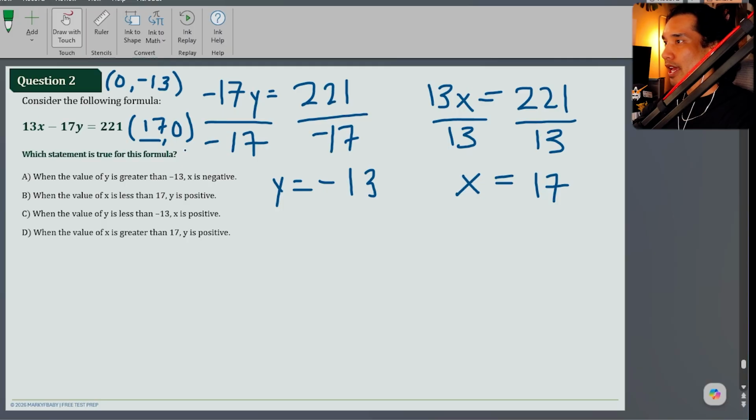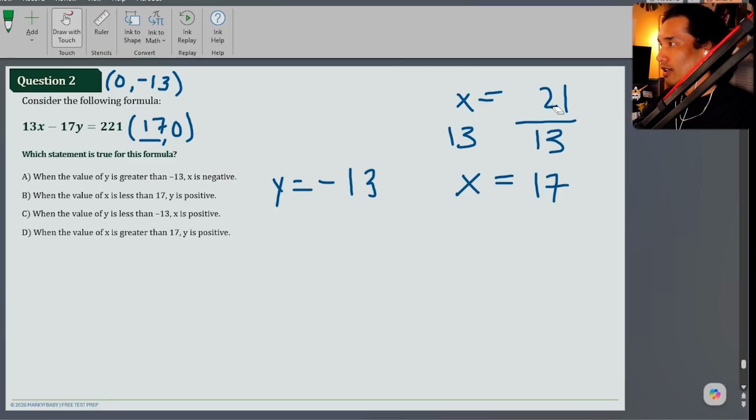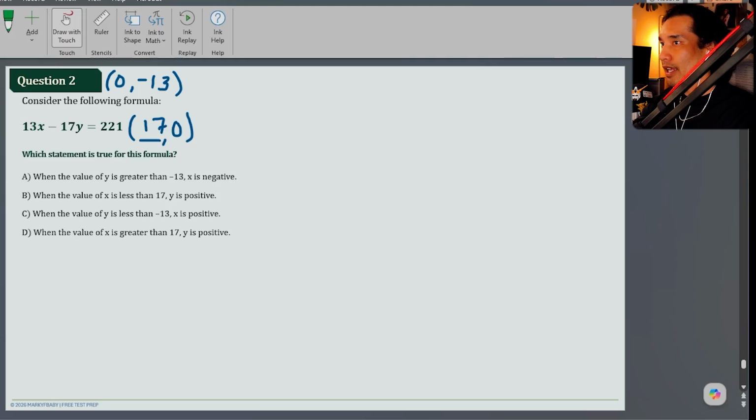So now we have our y-intercept, which is 0, negative 13, and our x-intercept, which is 17, 0. Now, just so we have verification where we're going, let me show you this first. Let me just plug this in, right?